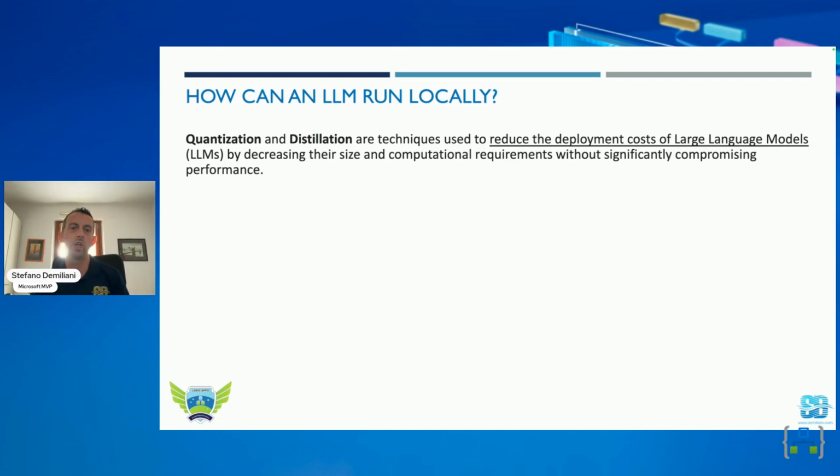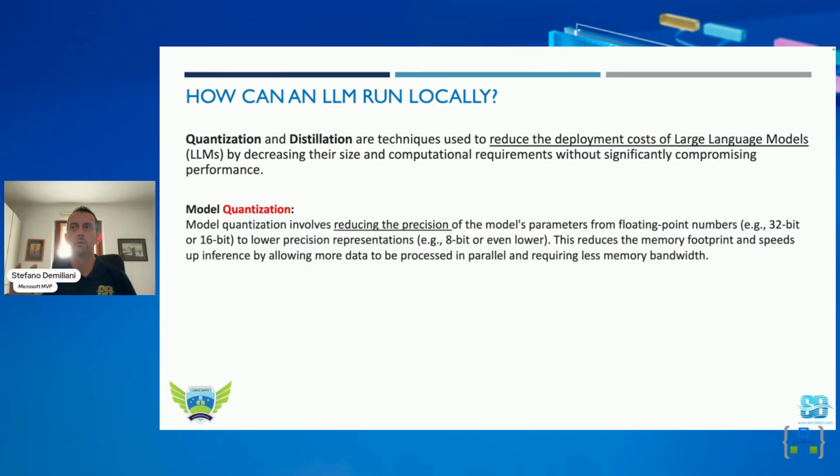The first is quantization, and the second is distillation. Quantization is the process of reducing the precision of the model. So a very large model can be reduced in precision, and this reduces the memory footprint that the model requires. So these models can be executed with smaller hardware requirements and less memory bandwidth also.